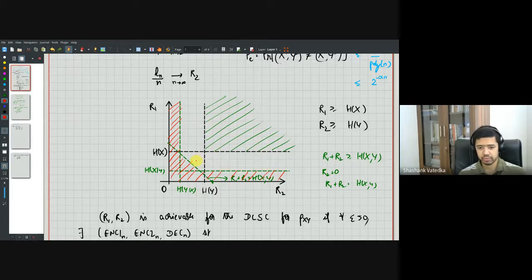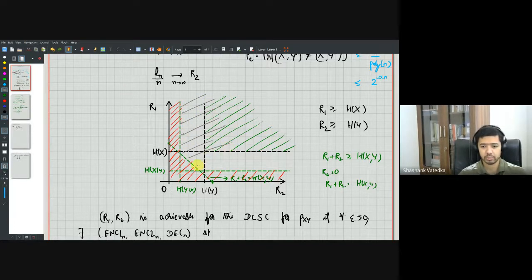In fact, we will show that every point in this blank region is achievable. So the optimal rate region turns out to be everything to the right of these green lines. We will show that this entire region is achievable.